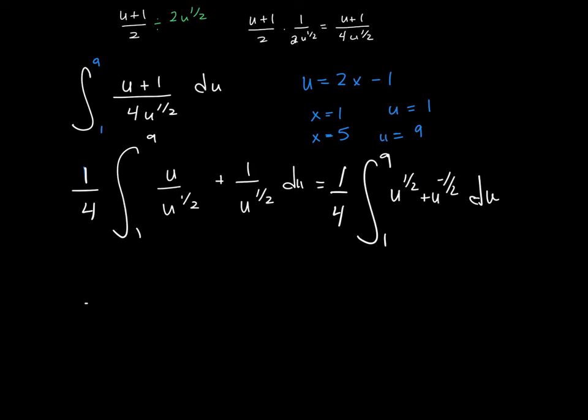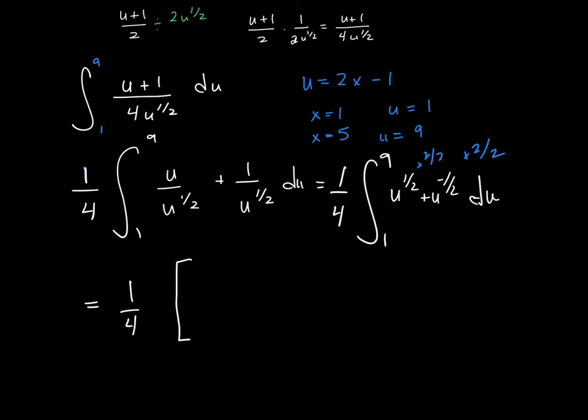And I am left with 1/4 on the outside. Remember that 1/4 stays all the way on the outside. Again, I am just adding 1, but I'm adding 1 in the form of 2 over 2 to both of them. And then when you divide by the fraction, you just take the reciprocal.